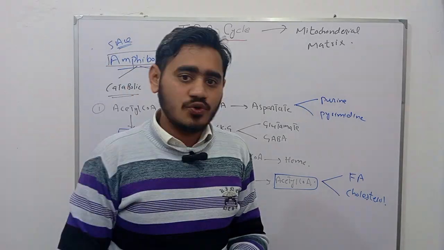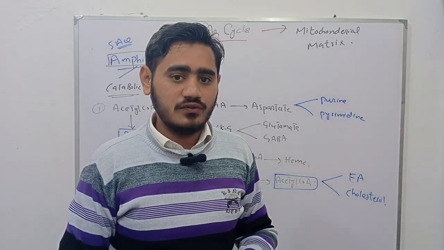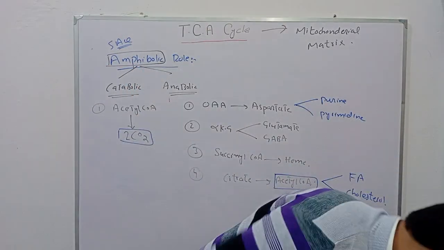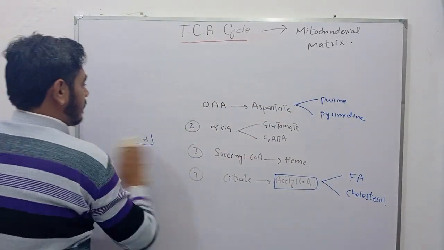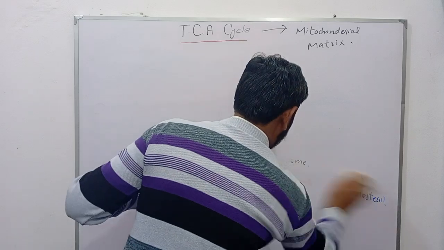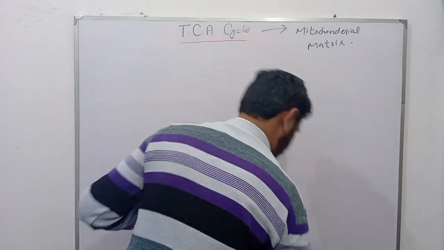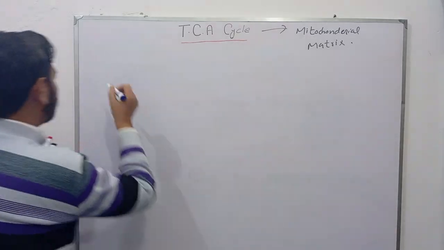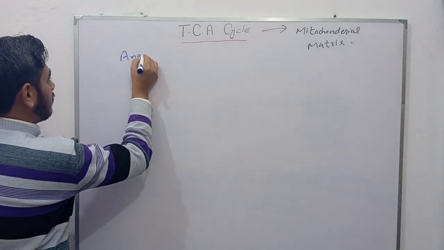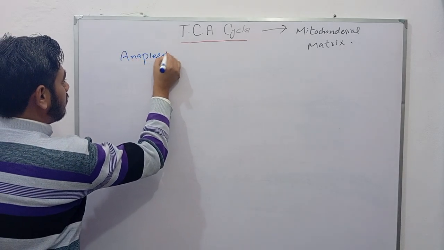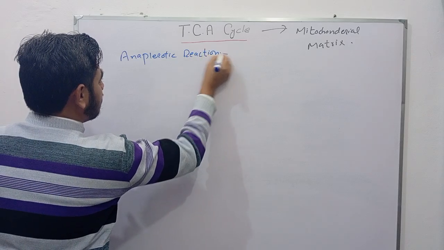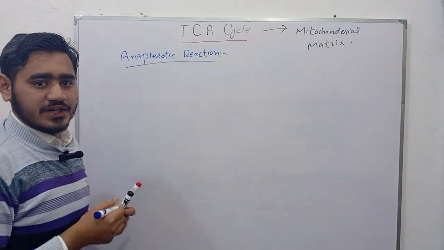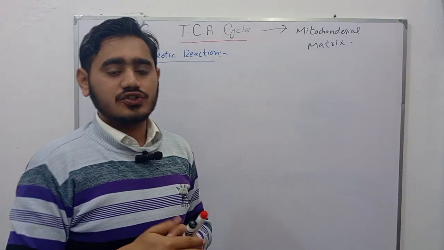So students, now coming toward the anaplerotic reaction of TCA cycle. Anaplerotic reaction means the reaction that replenish the intermediates of TCA cycle.